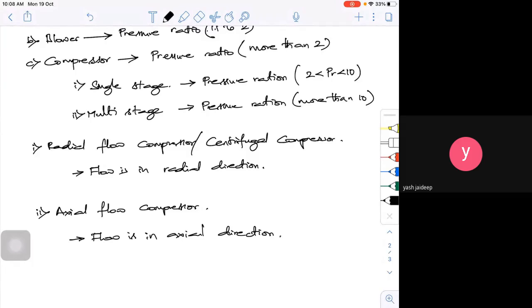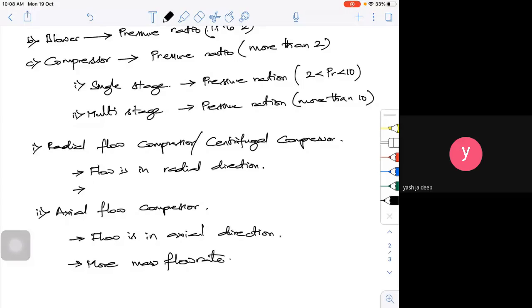One more thing we have to note here. Whenever I want to handle more mass flow rate, for the same pressure ratio, I will go for an axial flow compressor rather than radial flow. Say the pressure ratio is 10, 15, or 20, and I want to handle more mass flow rate, I'll preferably go for an axial flow compressor.